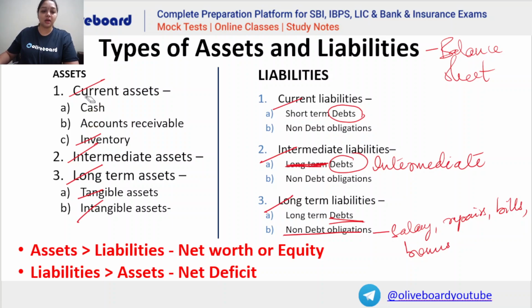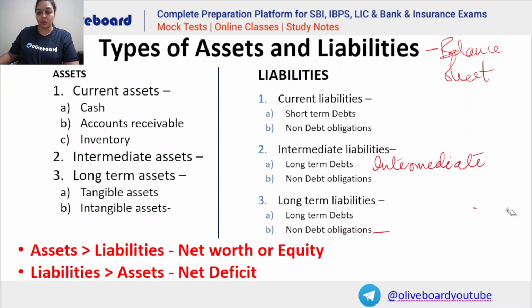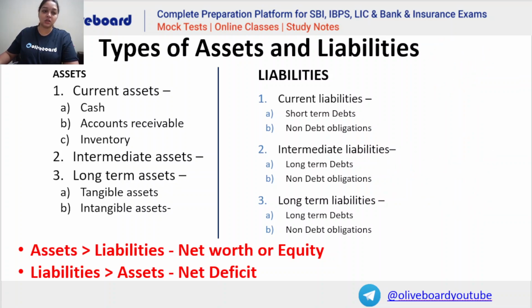So again here can you see, if assets are more than liabilities, then it is net worth or equity of the company. We say that the company is in net worth, or the company's net worth is good, or the equity is nice. But if the liabilities are more than the assets, then we say it is net deficit. I hope this is clear. Types are clear.